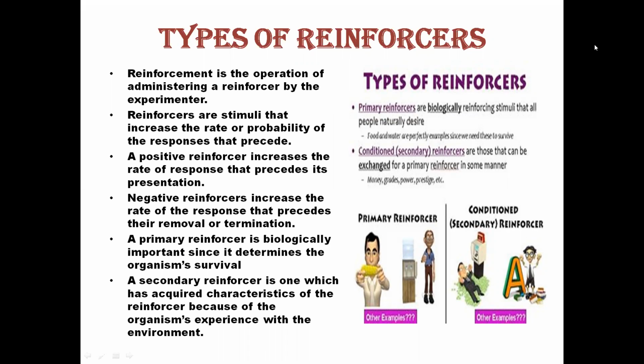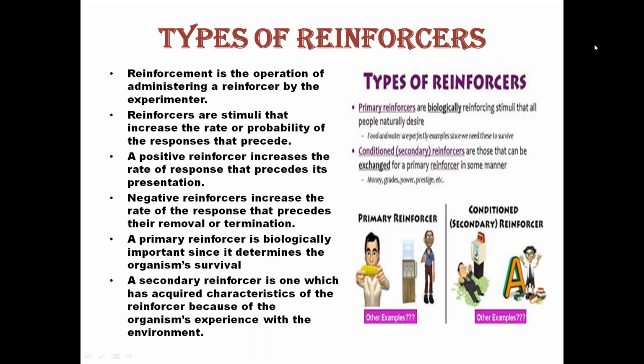Whereas negative reinforcers increase the rate of response that precedes their removal or termination. Ultimately, because of this negative reinforcement, like punishment or penalty, what happens is that you tend to unlearn that response. A primary reinforcer is very, very important biologically for your survival, like food for a hungry organism.